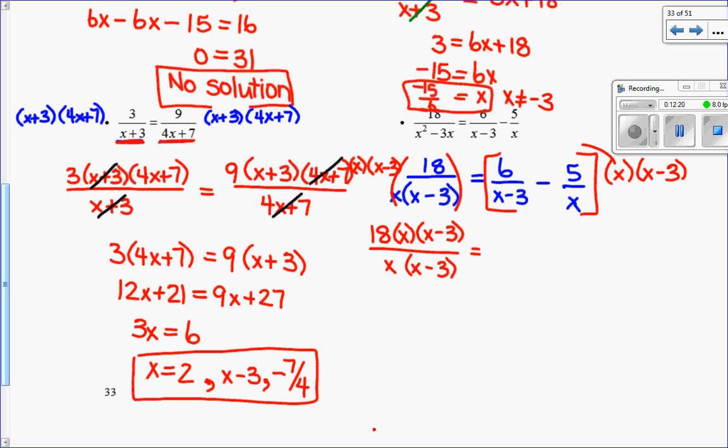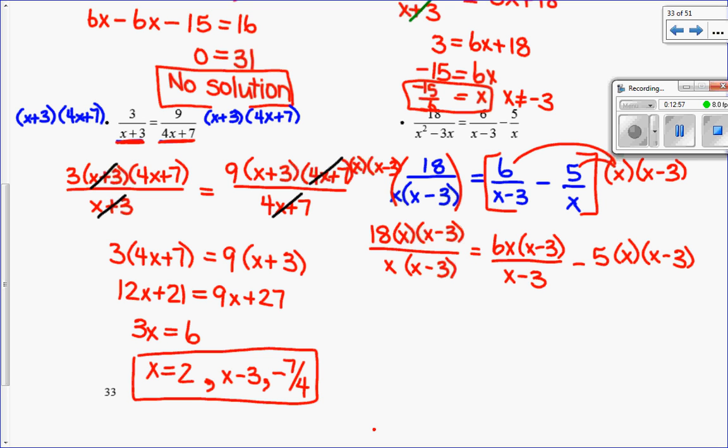So I'm multiplying the 6 by the x, but then I'm also going to multiply the 6 by the x minus 3. And that's all over x minus 3. Then I'm subtracting 5 times x minus 3. And that's all over x.